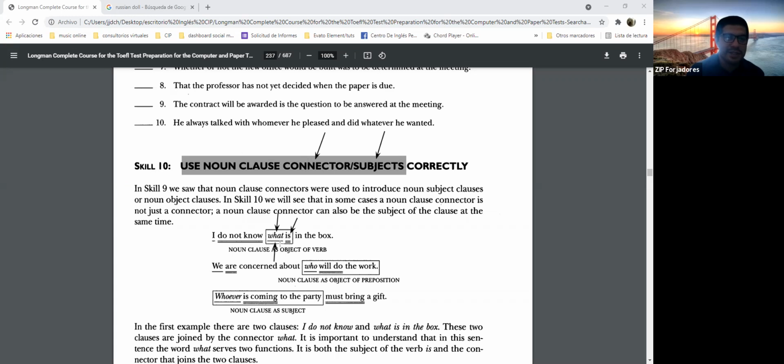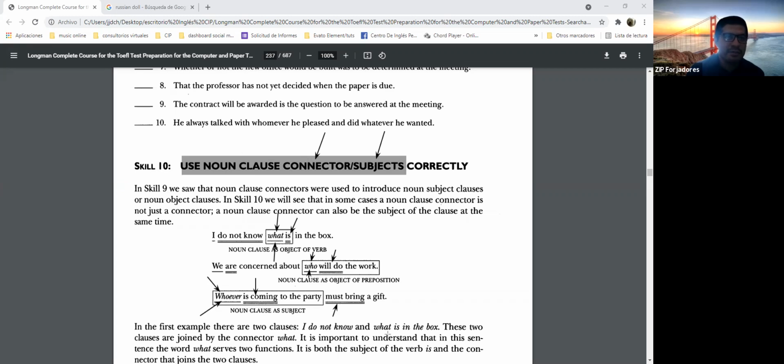Okay, so connector, subject. In this case, we are concerned about who will do the work. Is the same connector, but also subject, and this is the verb. Is the object of the preposition about. And the last one, as a subject of the sentence, whoever: connector, subject, two functions, and is coming the verb.